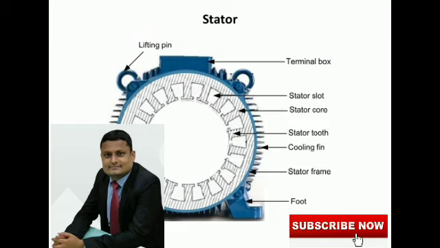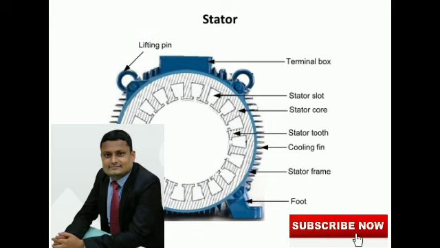Now the stator conductor cross-sectional area As equals Is by delta s, equals Iph by delta s, where Iph is the stator current per phase. Output power Q equals 3 Vph Iph cos theta into eta into 10 to the power minus 3. So we can calculate Iph equals Q into 10 to the power 3 upon 3 Vph cos theta into eta.